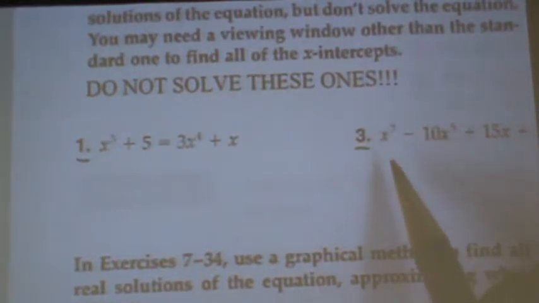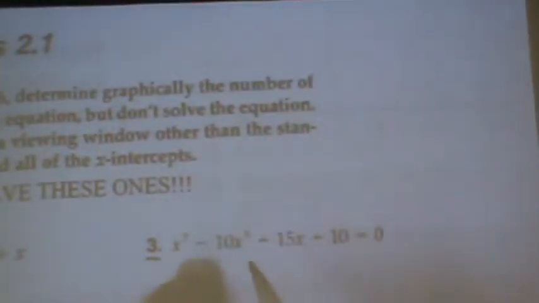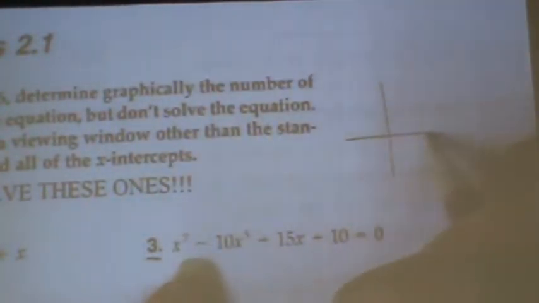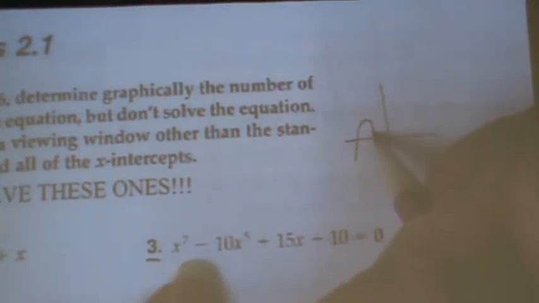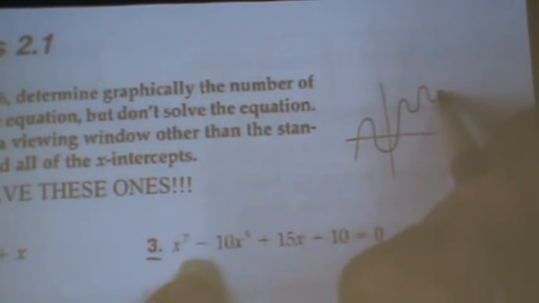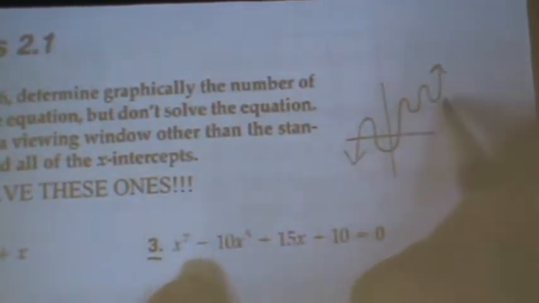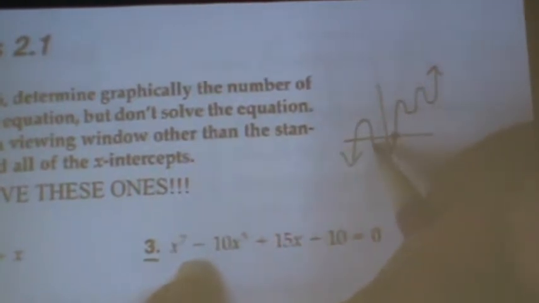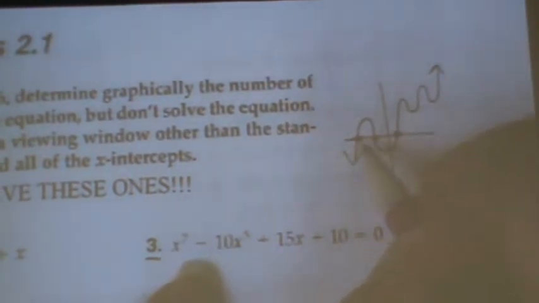The degree means that there could be 7 solutions. That doesn't mean there's gonna be 7 solutions, because this picture could be like this: 1, 2, 3, and then it could go like this. These are not real solutions, and you're gonna discover that when we get to chapter 3.